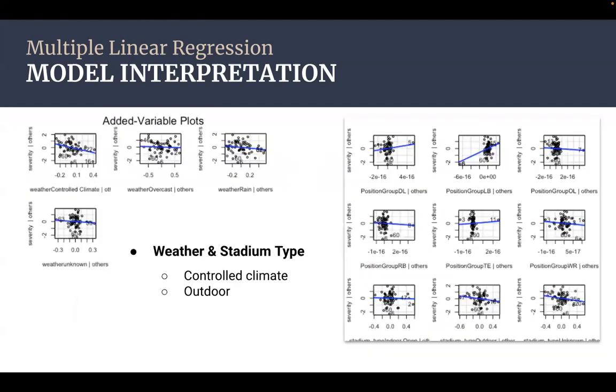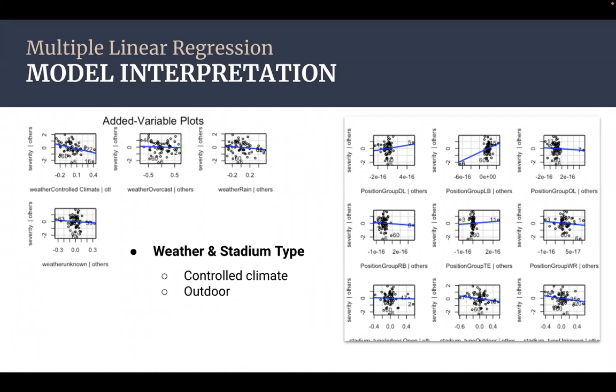And lastly, our weather and stadium type variables. I found that outdoor was the most significant association amongst all stadium types, which also makes sense. When you're playing outside, you're definitely subject to different weather conditions such as rain and snow, as opposed to indoor stadiums where you are able to avoid risky weather conditions.